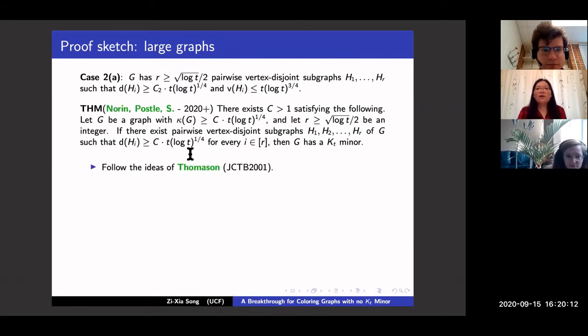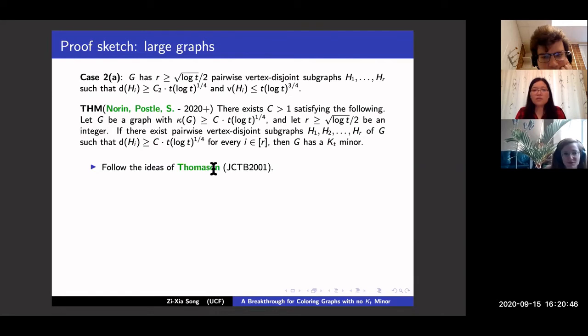So if I have at least these many vertex disjoint such subgraphs, we can prove that my graph G does have a KT minor. The proof of this one mainly follows the ideas of Thomason, in the paper which determines the exact constant there. The proof is technical, so I don't want to go over it.